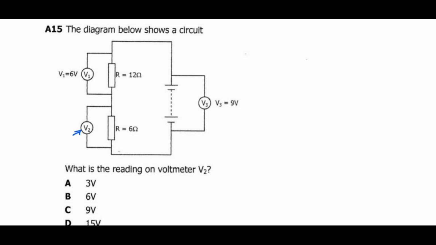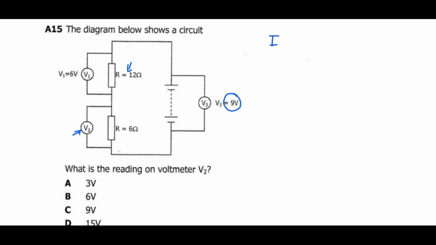The total volts that was produced is 9 volts. From 9 volts we can see that this 12 resistance uses 6 volts. Now this should be 3 volts, but let's first find the current.